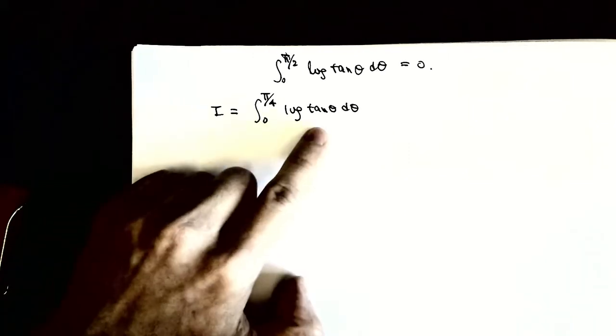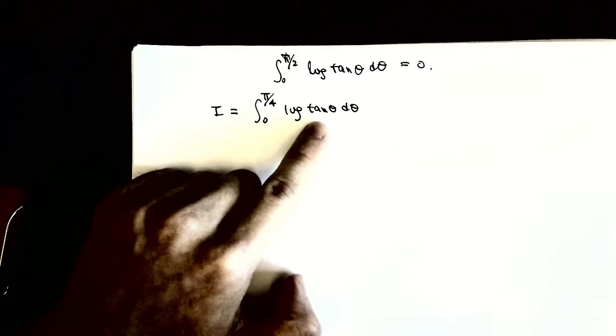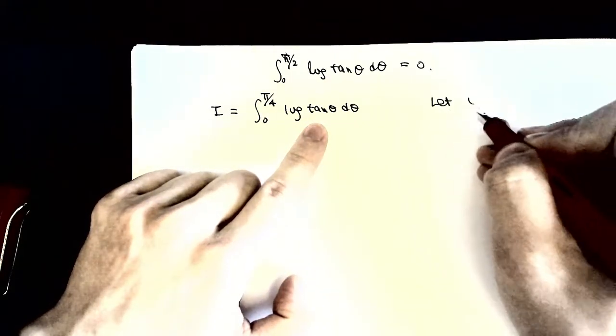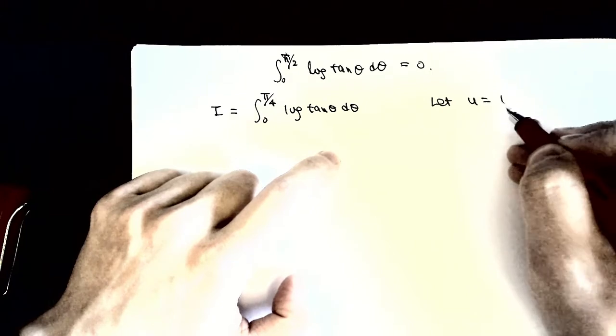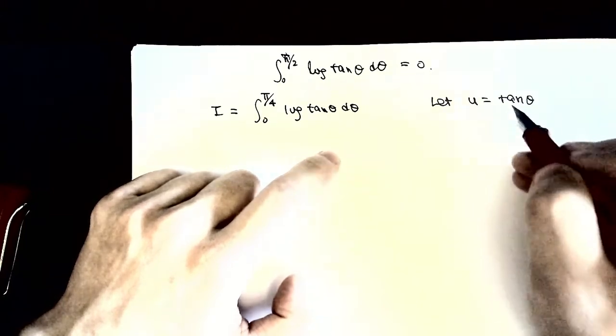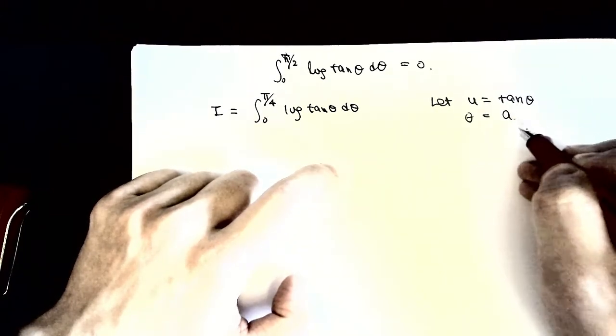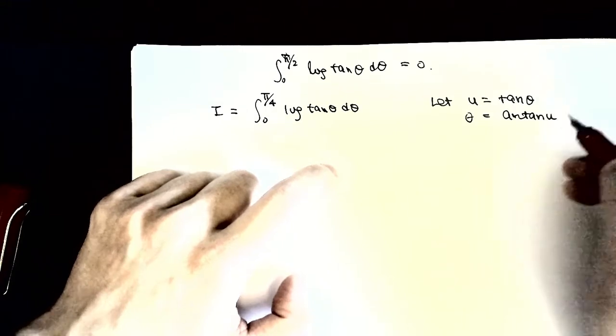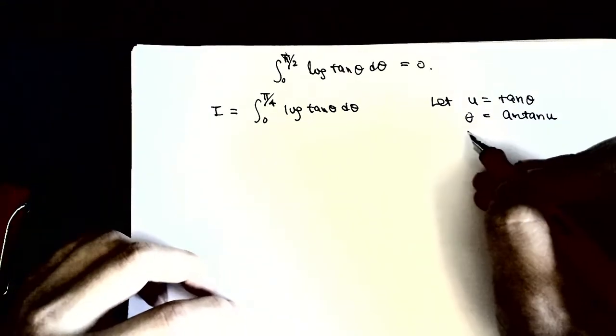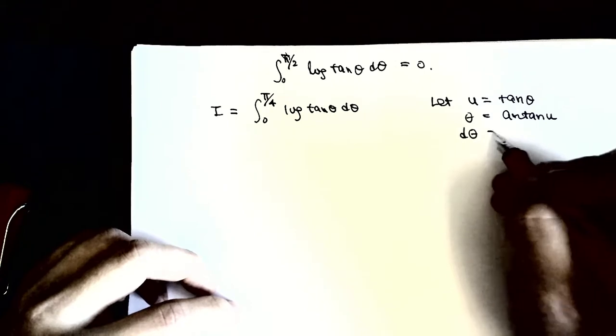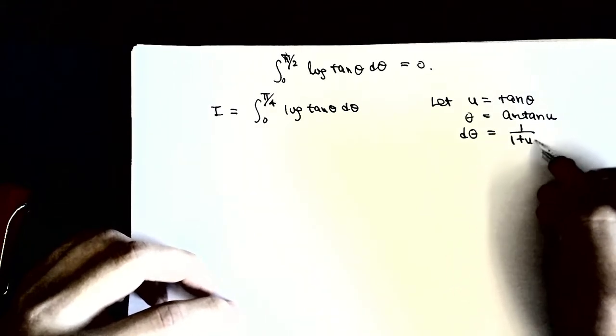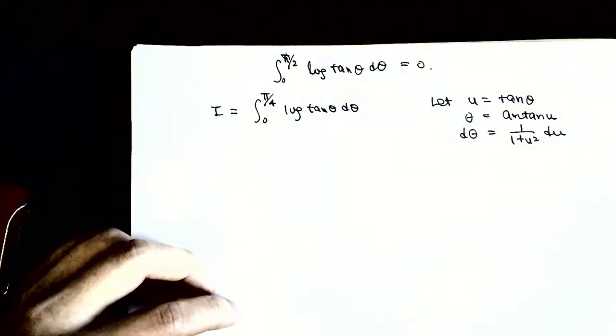By observing that tangent theta seems a little bit nasty here, we will use a u substitution: u is equal to tangent theta. Then theta will be arctangent of u, and we perform differentiation: d theta equals du over 1 plus u squared.